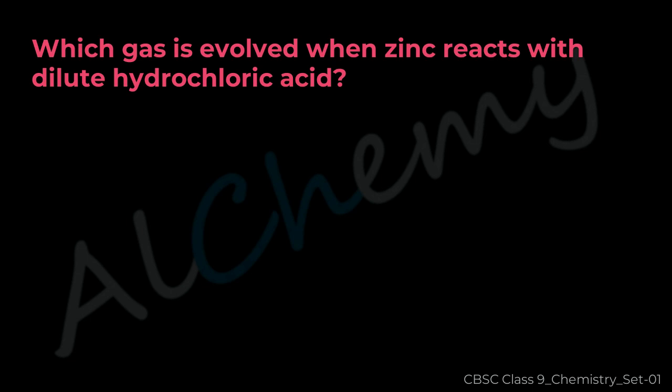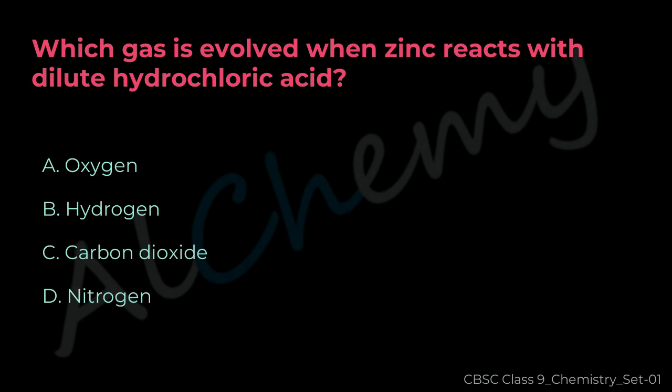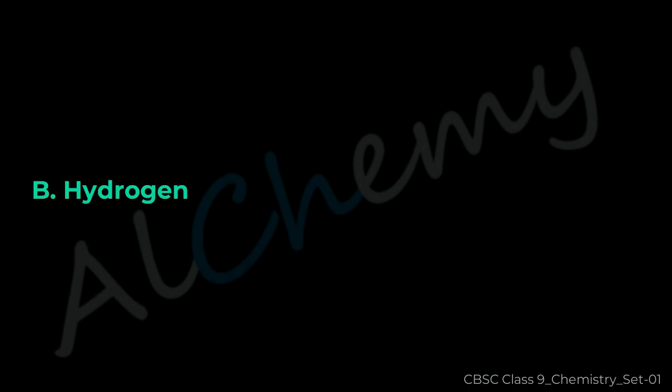Question 22. Which gas is evolved when zinc reacts with dilute hydrochloric acid? A. Oxygen, B. Hydrogen, C. Carbon dioxide, D. Nitrogen. The correct answer is B.